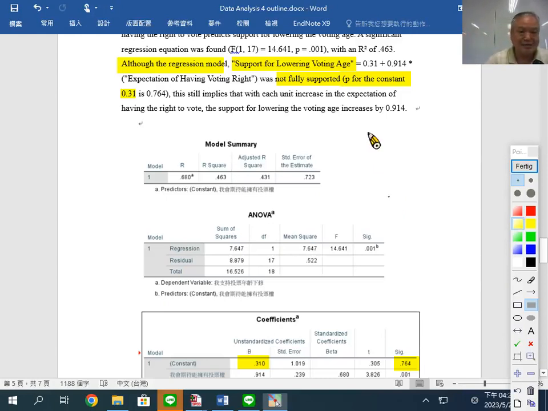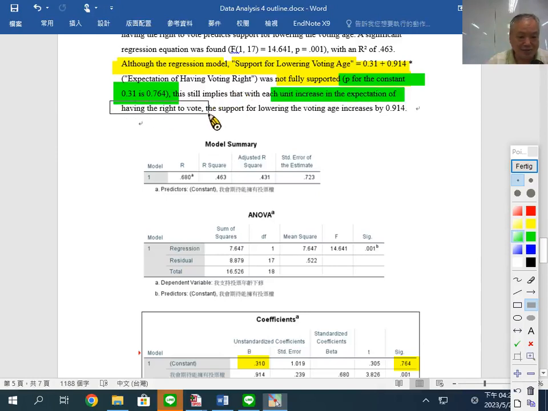Very simple, right? So this is the fact. We know it's not fully supported. Why? Because we know the P for the constant is this one, right? And this still implies that with each unit increase in the expectation of having the right to vote, look here, we know there's a significant level. So if this is changed, then we will have a change in the support for lowering the voting age by this much.